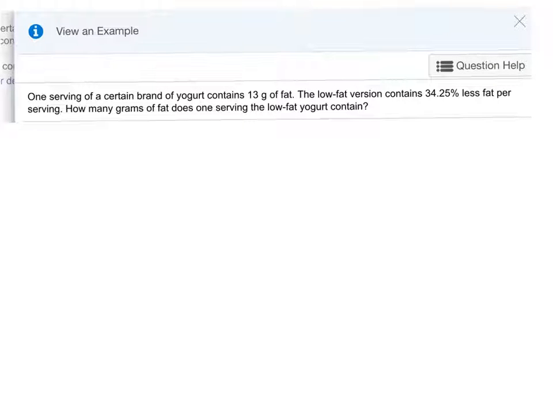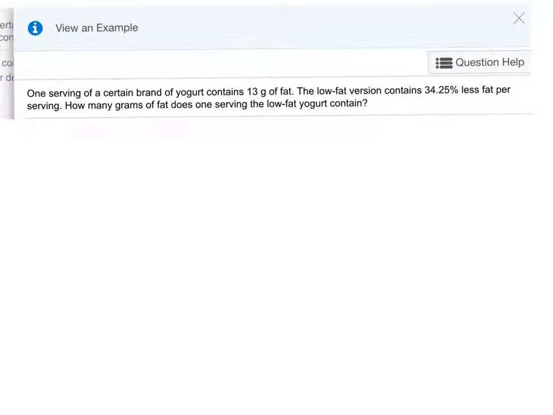So the first step in this problem is to understand what it is exactly that it's asking you to do. So here is your regular brand of yogurt, and it contains 13 grams of fat, and then the low-fat version contains 34.25% less fat.